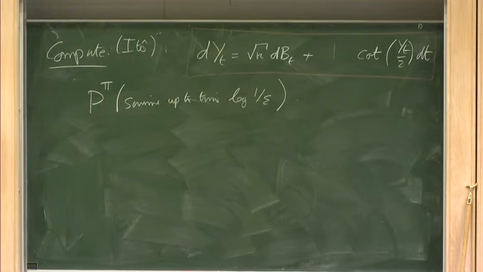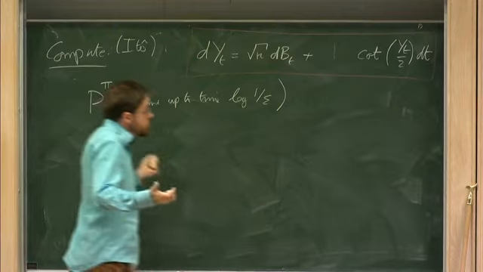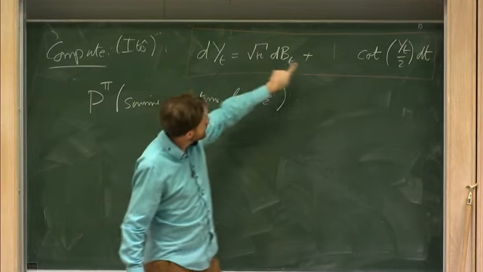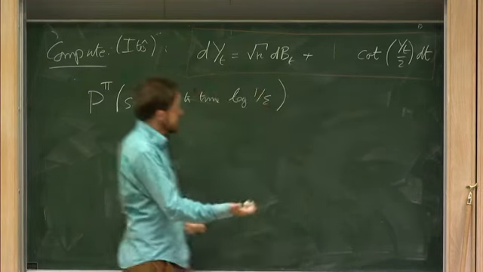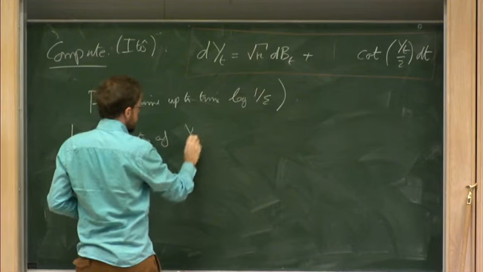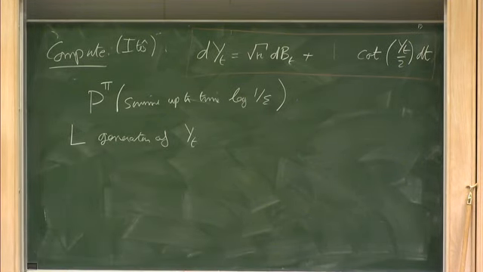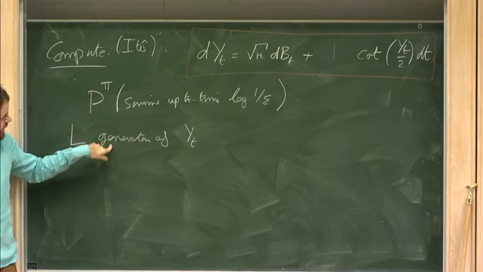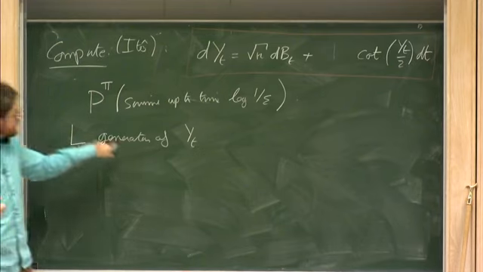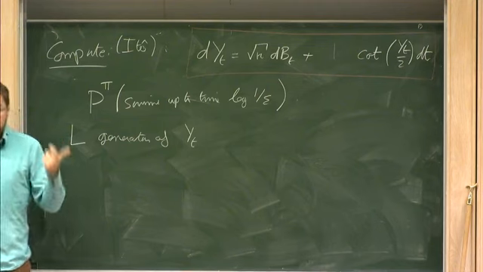Okay, so the next step is, now we have one process which lives on the interval, and so it has a generator which is kappa over 2 times the Laplacian plus this times the derivative. So there is L, which is the generator of this, of Y_t. And if you can find an eigenfunction for this generator which is positive, it will have to be the leading eigenfunction. It will give you the leading eigenvalue for the generator. And the leading eigenvalue will give you the exponential rate of decay of the survival probability.